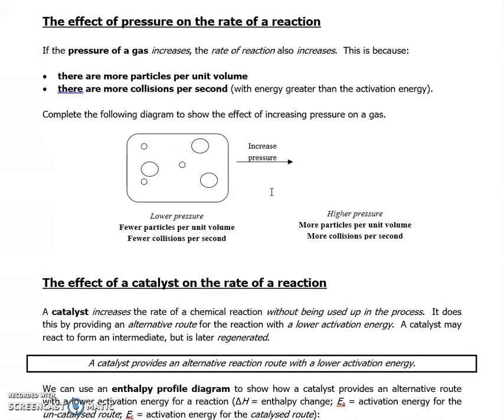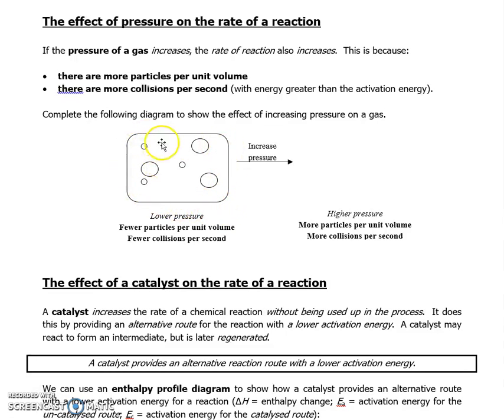Similarly, the effect of pressure. Now, the pressure only applies to gases, and so it's the same as the effect of concentration on a solution. Increasing the pressure means that you've got the same number of particles but in a reduced volume.